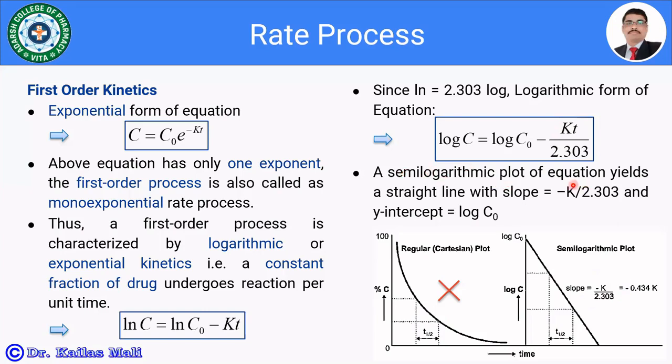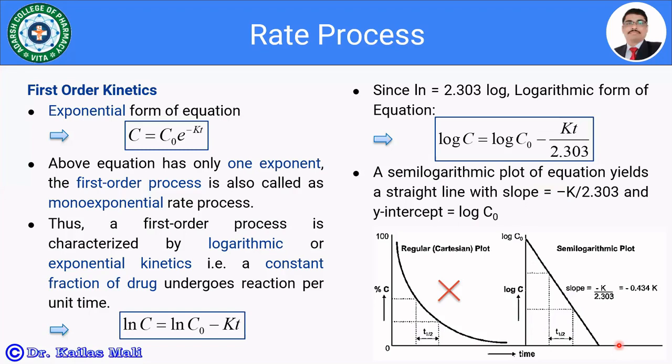A semi-logarithmic plot of the equation yields a straight line with a slope of minus k divided by 2.303 and y-intercept log C0. So there are two ways to get an idea about the rate constant: either convert the data into log form and plot it on regular graph paper, or use semi-logarithmic paper available in the market, plot the data on it and calculate the rate constant.